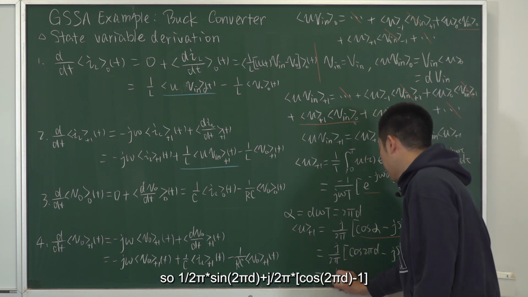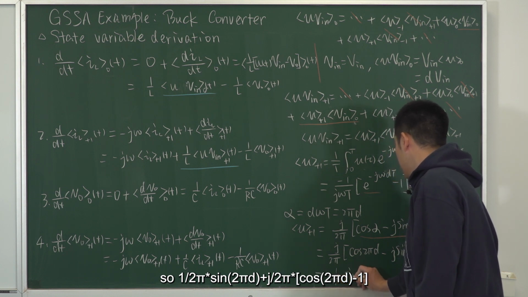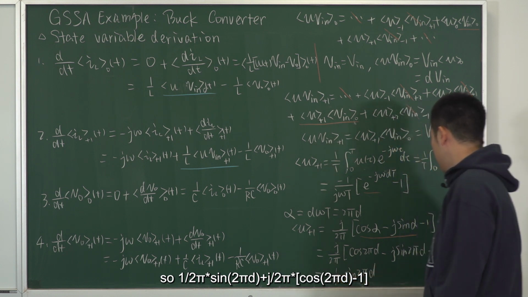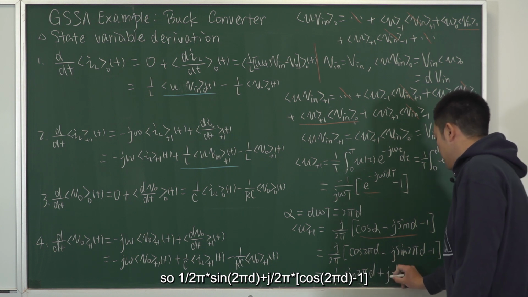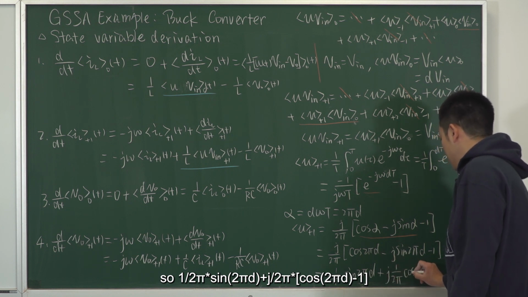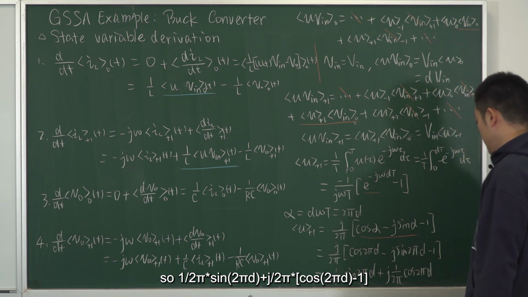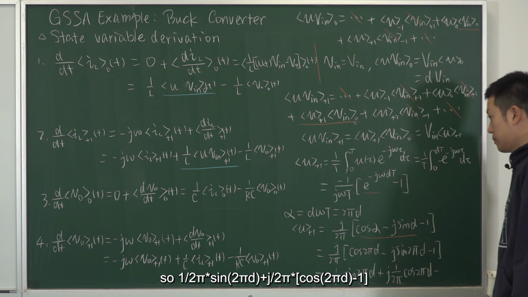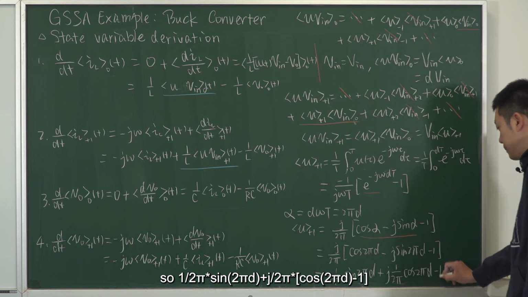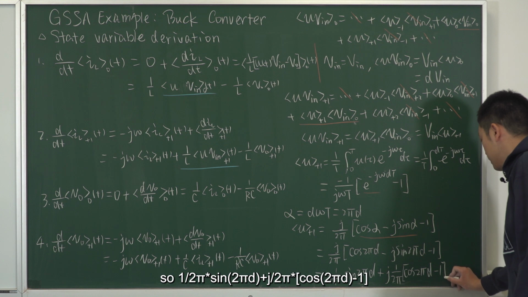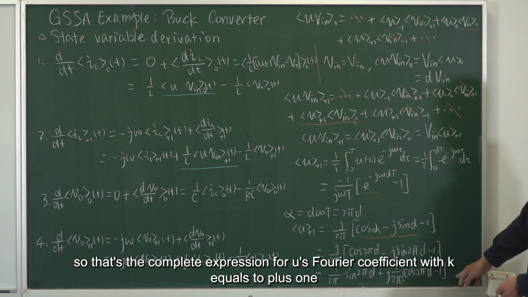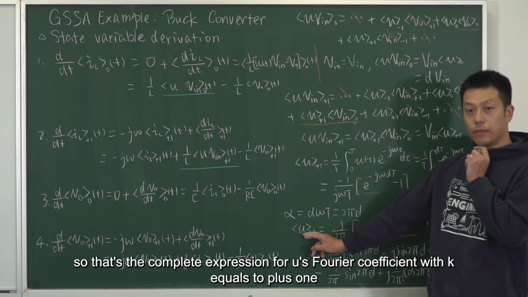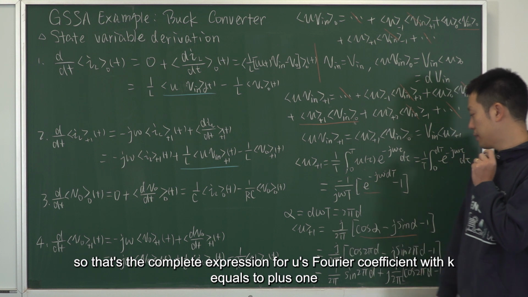So 1 over 2 pi sine 2 pi d plus j times 1 over 2 pi cosine 2 pi d minus 1. So that's the complete expression for the Fourier-like coefficient with k equals plus 1.